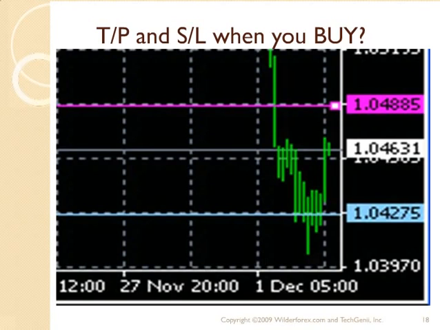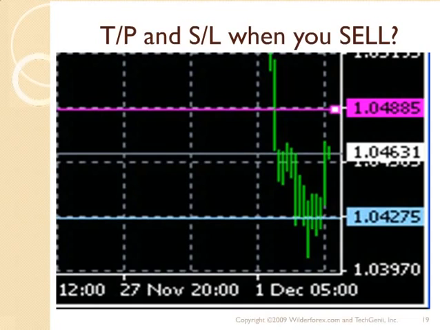The white line is the current price point, which equals 1.04631. The magenta line is the current take profit price, which equals 1.04885. The blue line is the current stop loss price, which equals 1.04275. Take profit and stop loss when you sell.